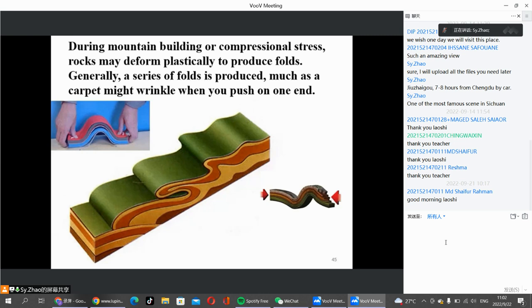A tectonic fold is a typical geological phenomenon formed during mountain building, like in the Himalaya and the Longmenshan Fault.